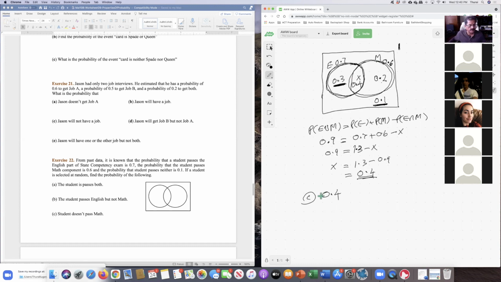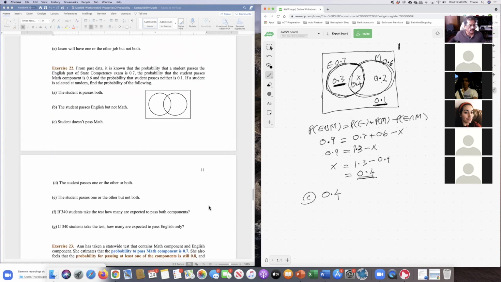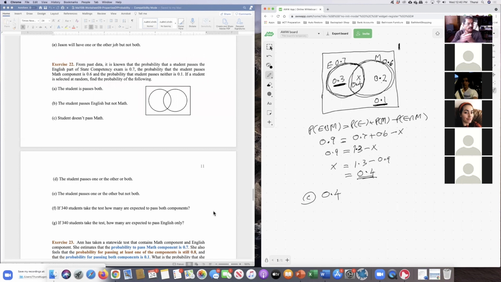Okay, so there are more questions. What is the probability that the student passes one or the other, or both? Would that be phi, or would that just be the sample space? 0.9. No, not the sample space.